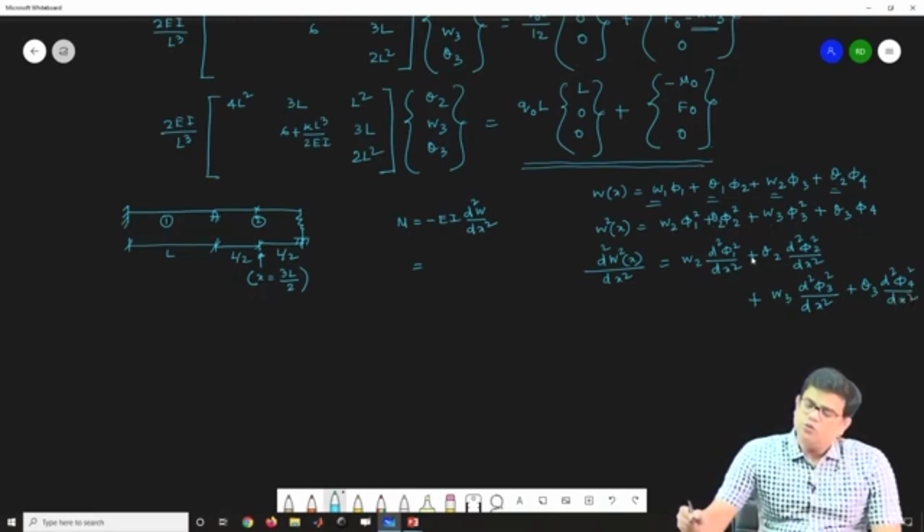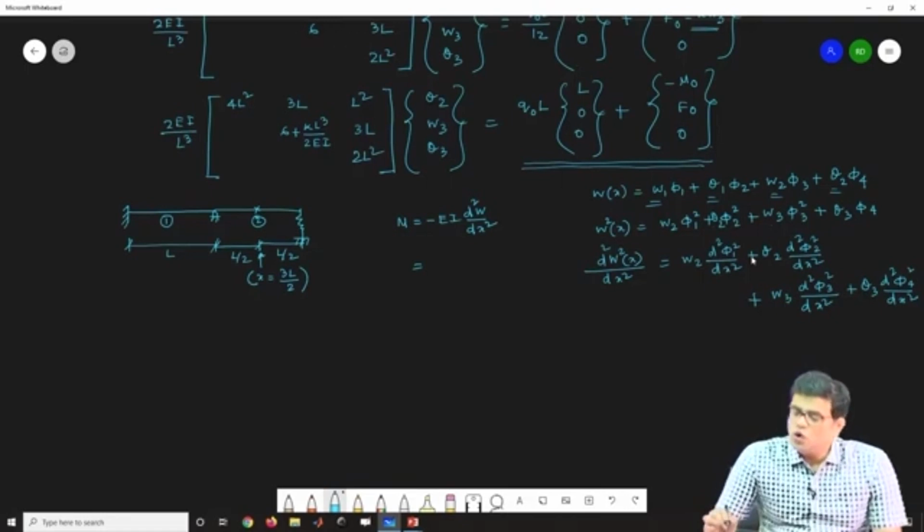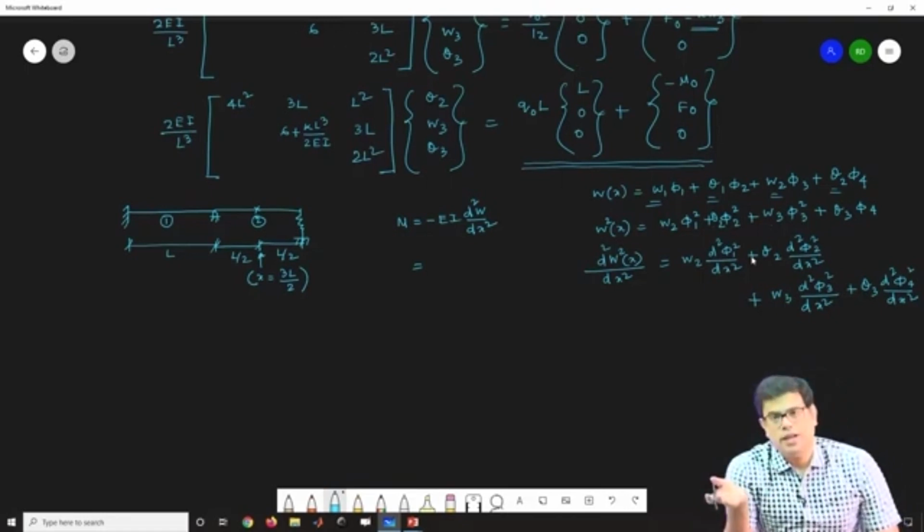Phi 1, phi 2, phi 3, phi 4, we all know what the shape functions are. This shape function is the same for all elements here, so the derivative can be easily taken, and these functions are in terms of x.